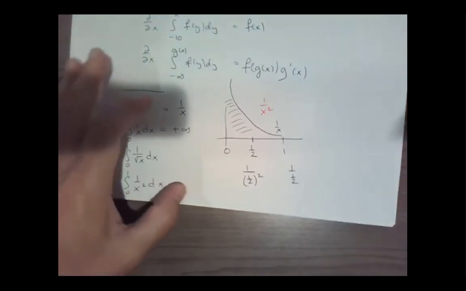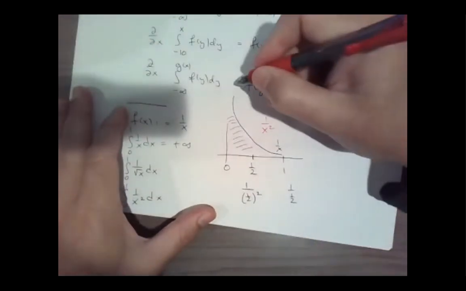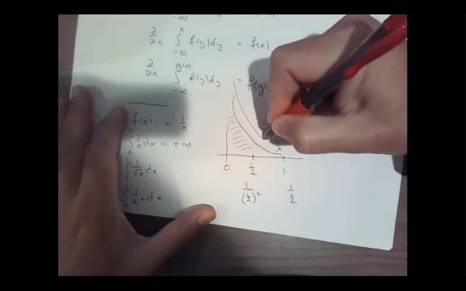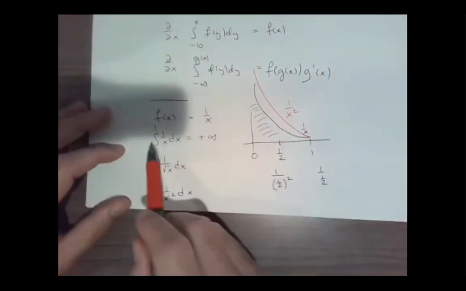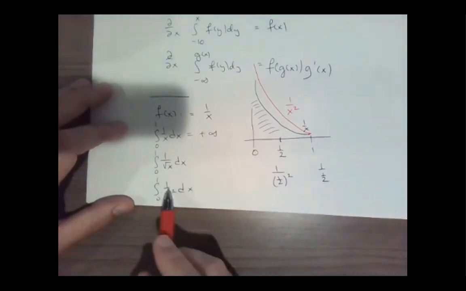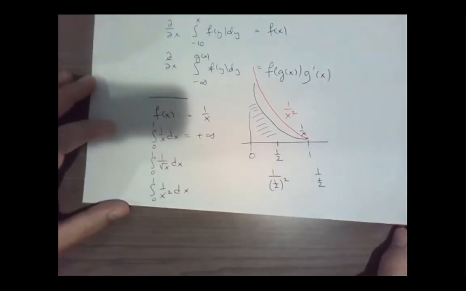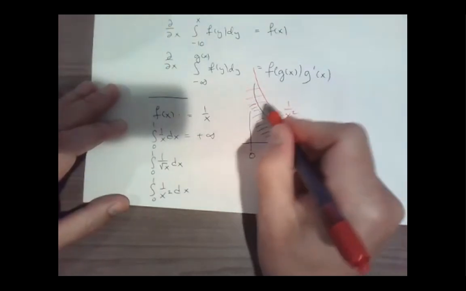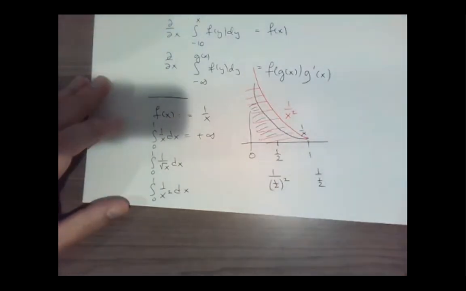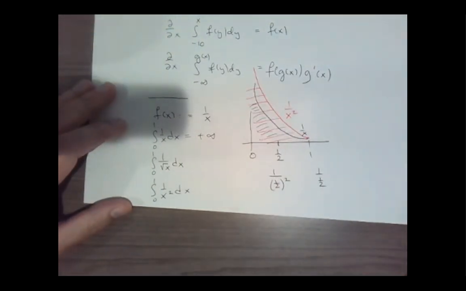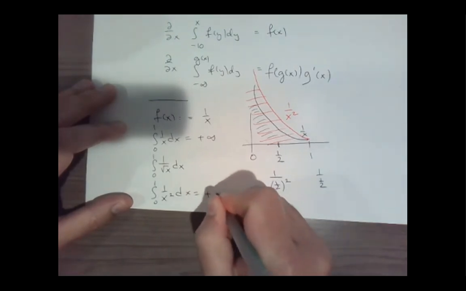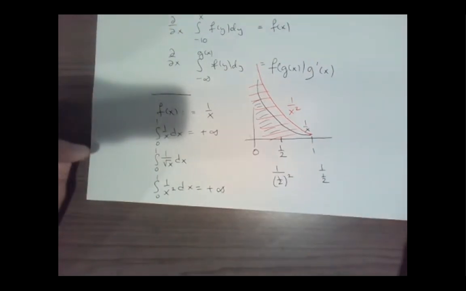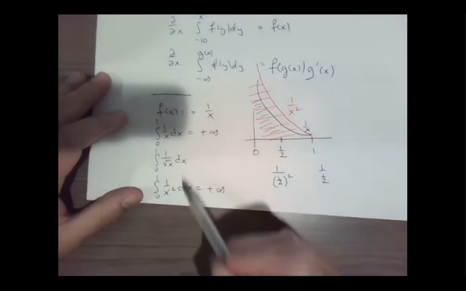Okay, so the red curve is bigger. So if 1 over x integrates to plus infinity, what does 1 over x squared integrate to? Oh, it's still infinity. Okay. So we got that case settled.